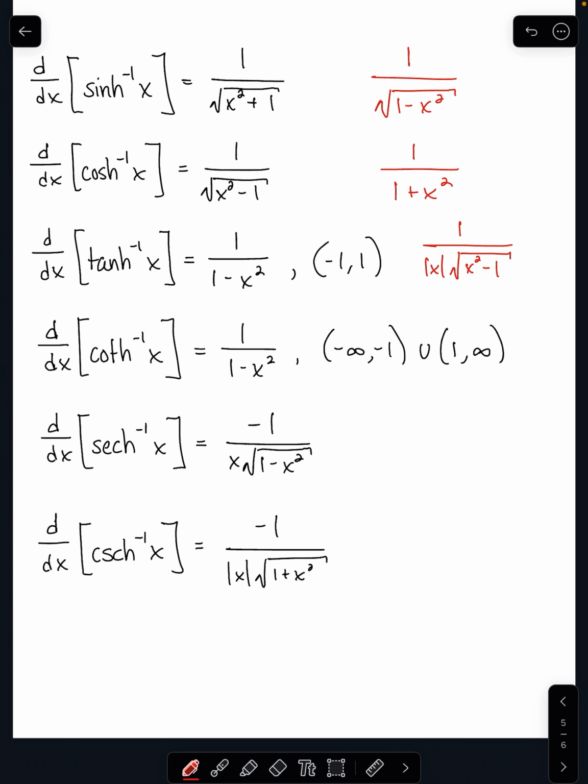Where again, there is no other denominator in here that exactly matches that. The inverse hyperbolic cosine does have the same radical factor in the denominator, but it is lacking the absolute value of x. And the inverse hyperbolic secant is very similar to this, but it has the subtraction in the other order.